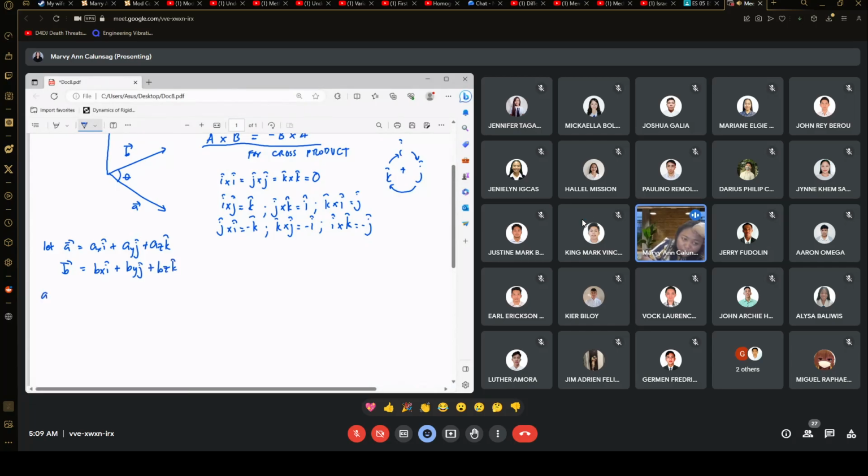And so let us try to get the cross product of these two vectors. This time, let us try to have it distributed first. So let us try to get its cross product by way of distribution, and then we will simplify.